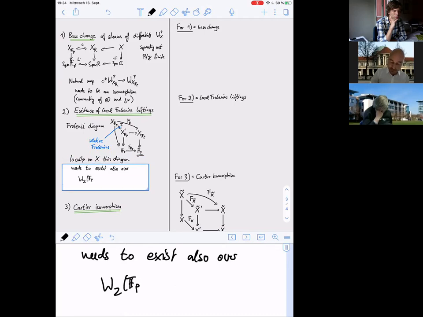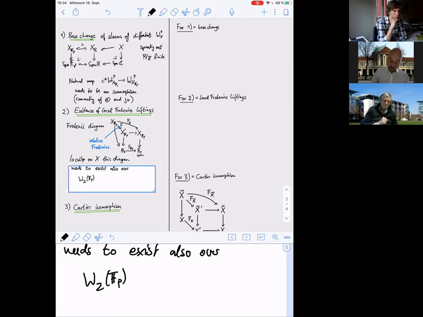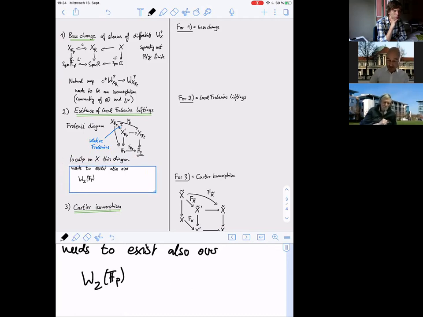It's a ring of second Witt vectors. It's like a first order deformation of F_p, roughly speaking. And you want that diagram to exist over this ring in place of the field F_p.